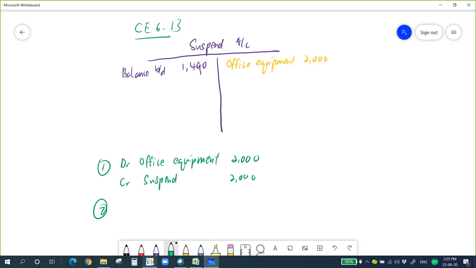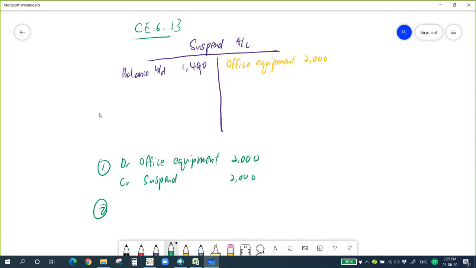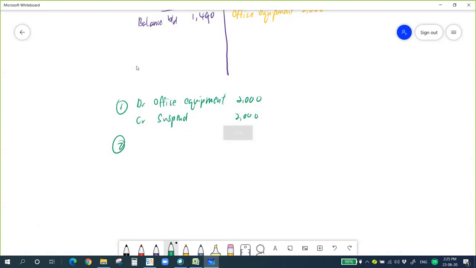The next adjustment is related to what? Let's see. Commission received 3000 has been recorded as a debit entry in commission expenses. So let's take a look and do a comparison. The correct entry should be commission income, right?